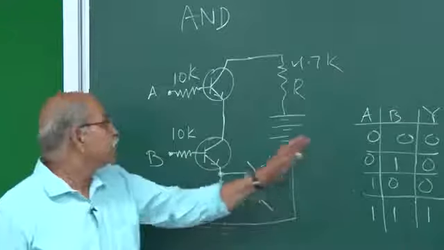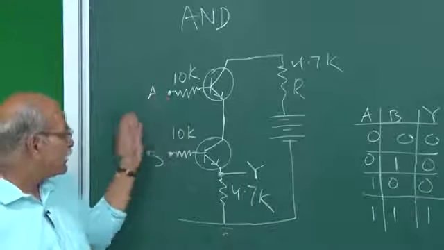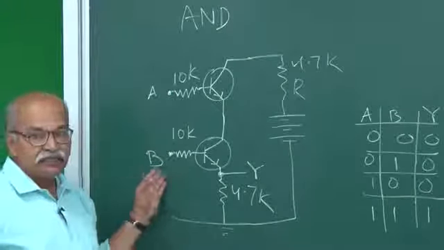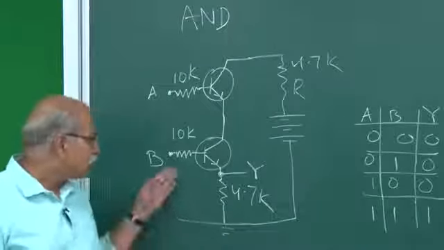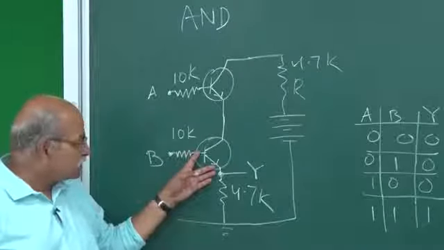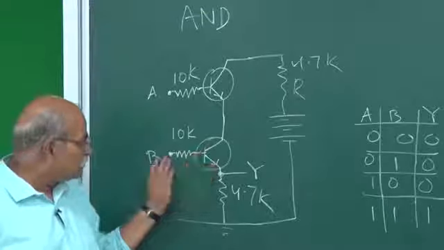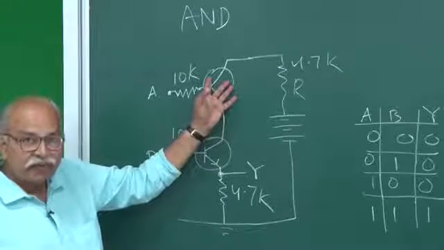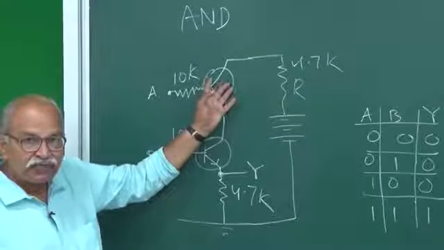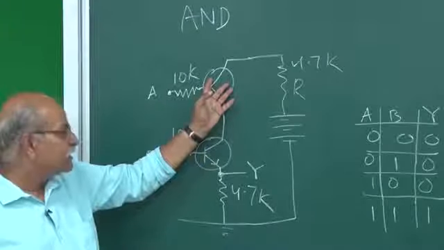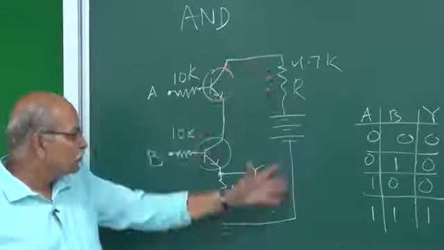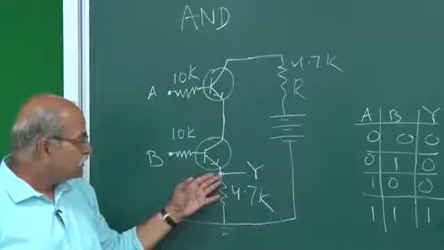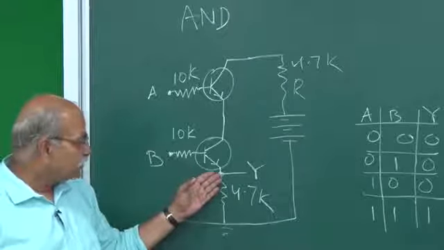What about A is 0, this is grounded, but then B is 1, here you are giving that high, so called high volt. So, this transistor is in conducting mode because of this biasing, but the current cannot go because the current will be blocked here, this is in cutoff mode, and ultimately the same story, no current goes through anywhere, and then you have the same 0 output here.